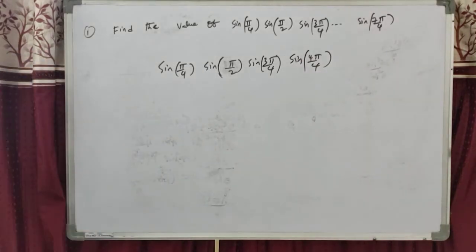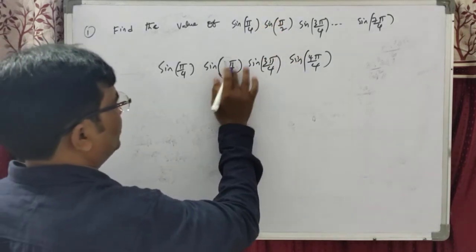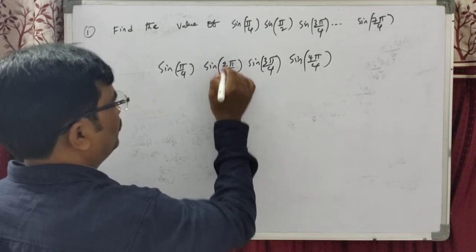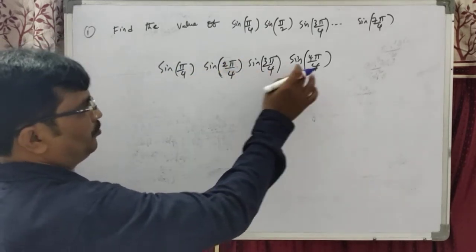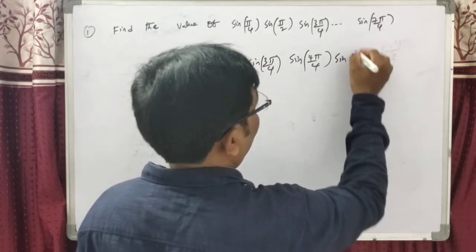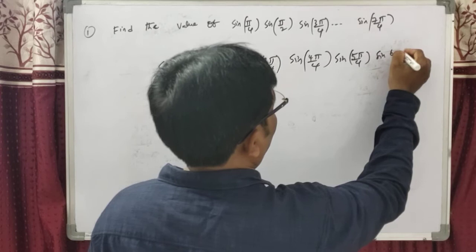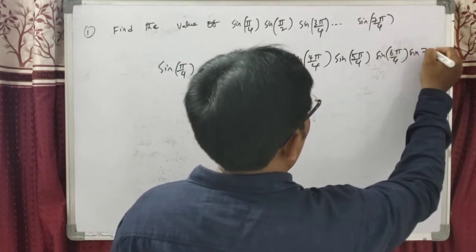The second term, pi by 2, can also be written as 2 pi by 4. So we have pi by 4, 2 pi by 4, 3 pi by 4, 4 pi by 4, sine 5 pi by 4, sine 6 pi by 4, sine of 7 pi by 4.